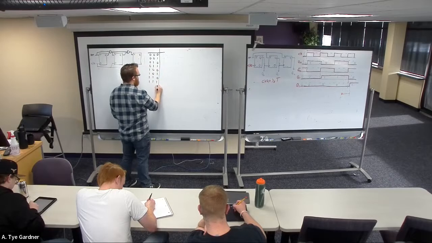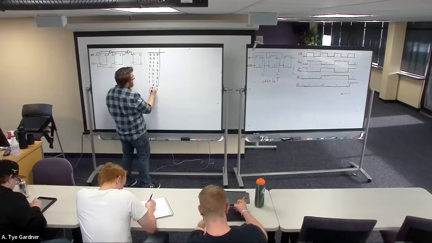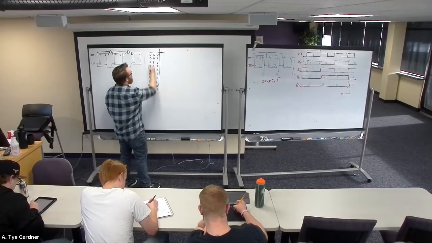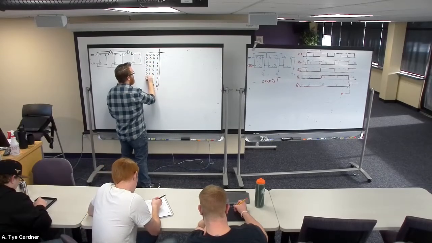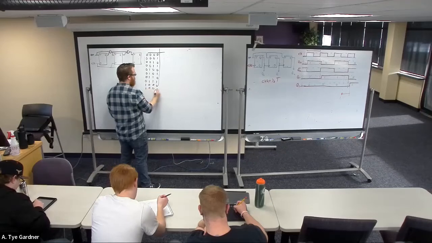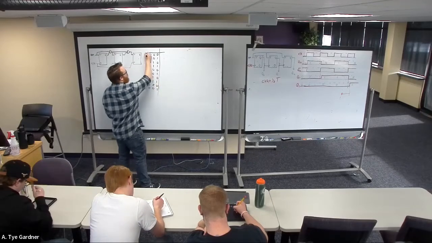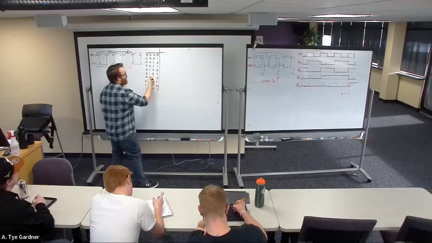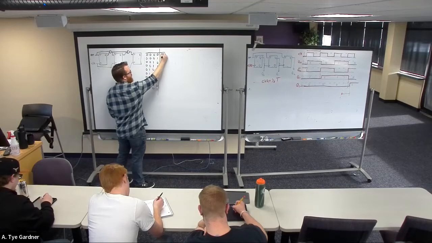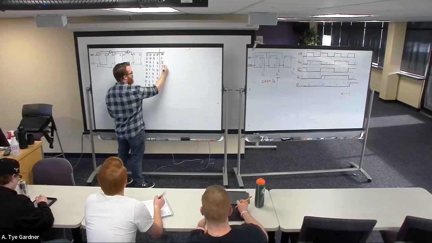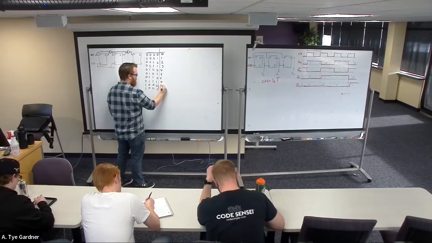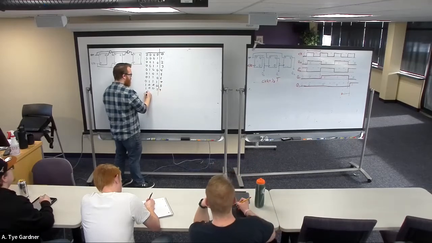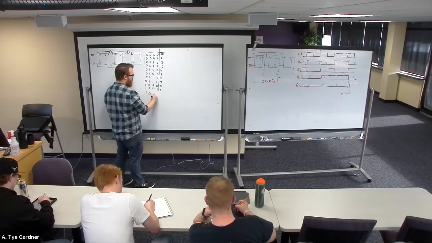I actually need to keep going for a moment. I want this to represent 0, 1, 2, 3, 4, 5, 6, 7, 8, 9, and then my 1, 0, 1, 0.